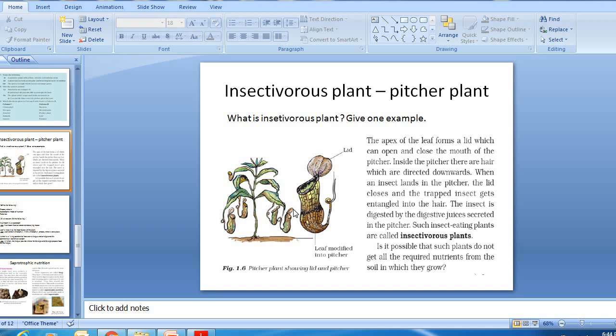They are eating insects to fulfill their nitrogen requirement. The soil in the regions where pitcher plants grow is deficient in nitrogen. To fulfill the nitrogen requirement, the plant wants to eat insects.